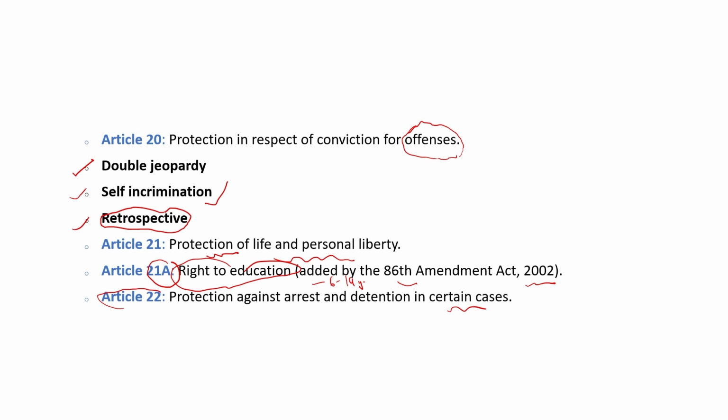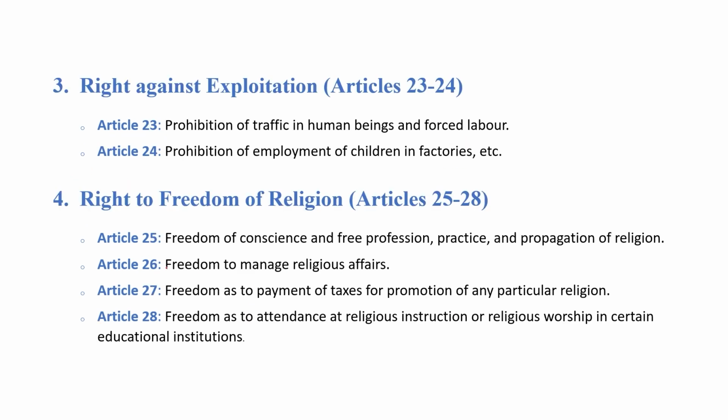If you are arrested, you can hire a lawyer. It also provides that if you are arrested, you must be presented before the magistrate within 24 hours, and you should be informed why you are arrested. So these are some protections which Article 22 provides.